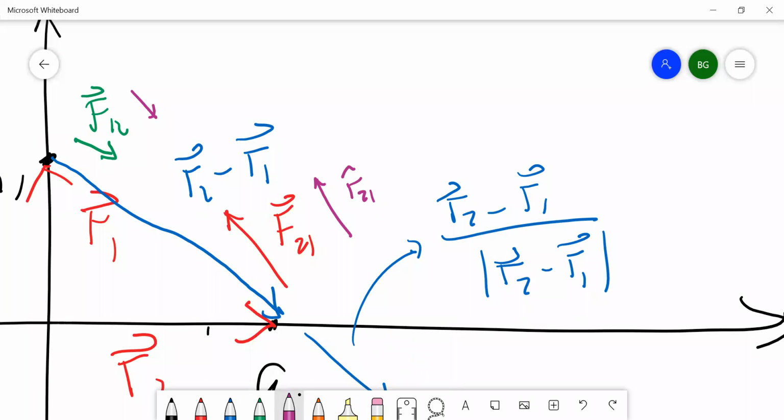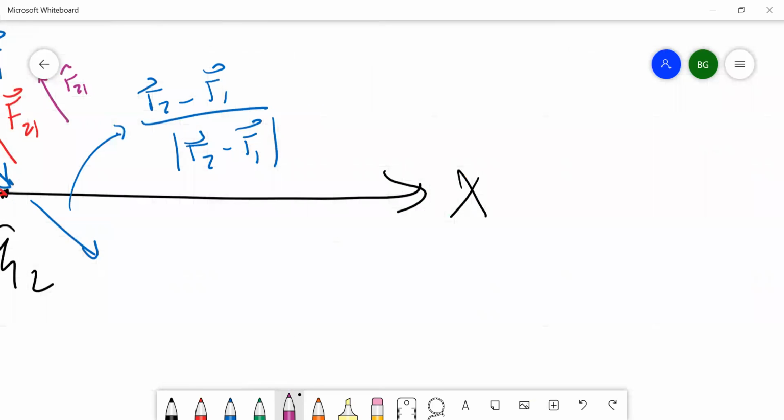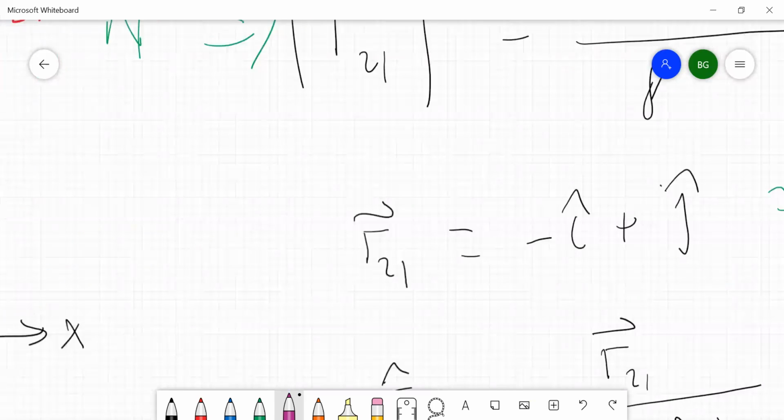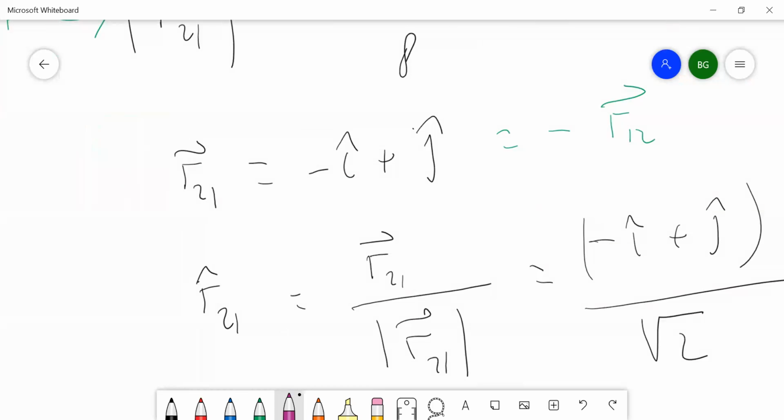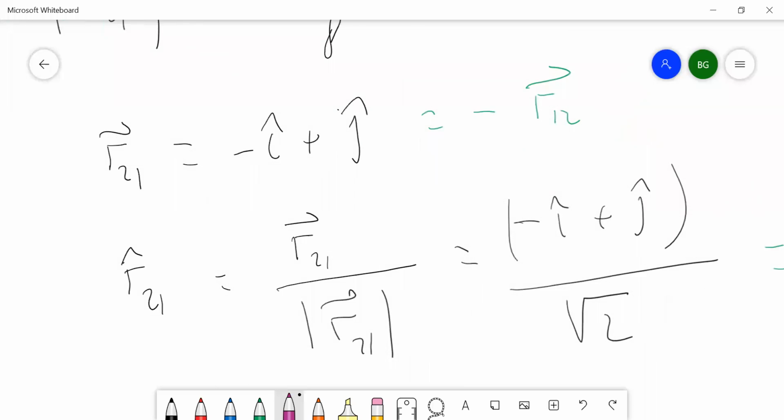Because they are on the same line, we could say that R21 is minus R12, and also its unit vector.